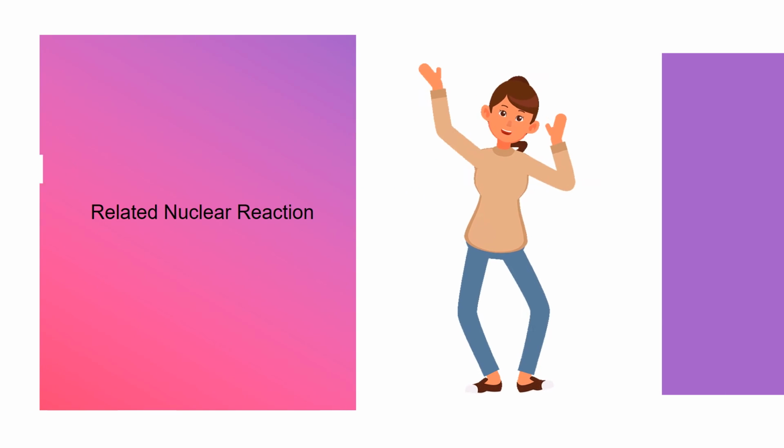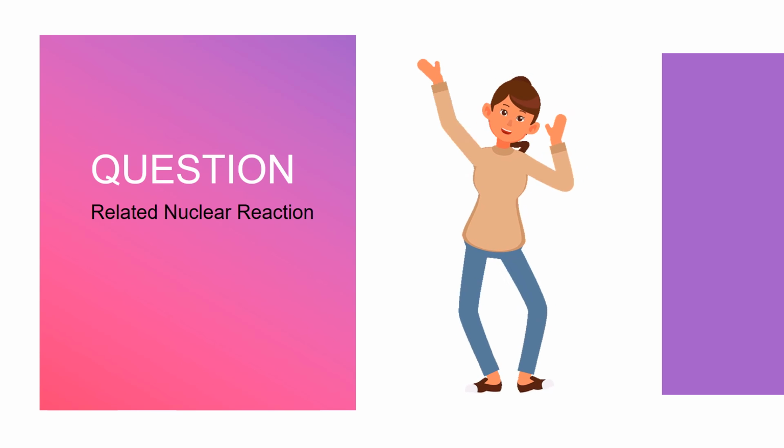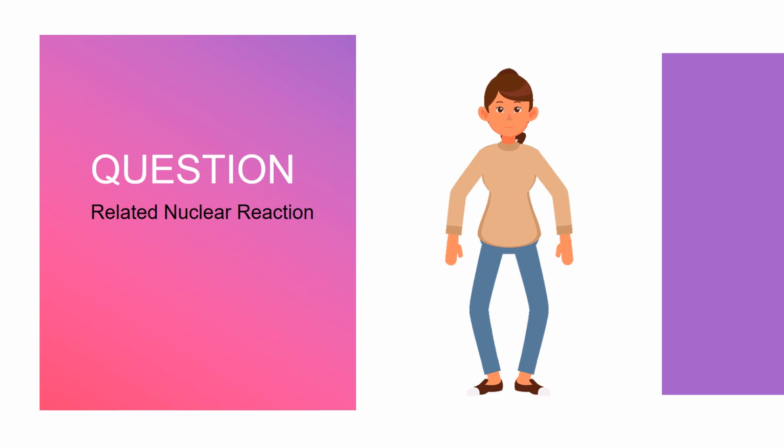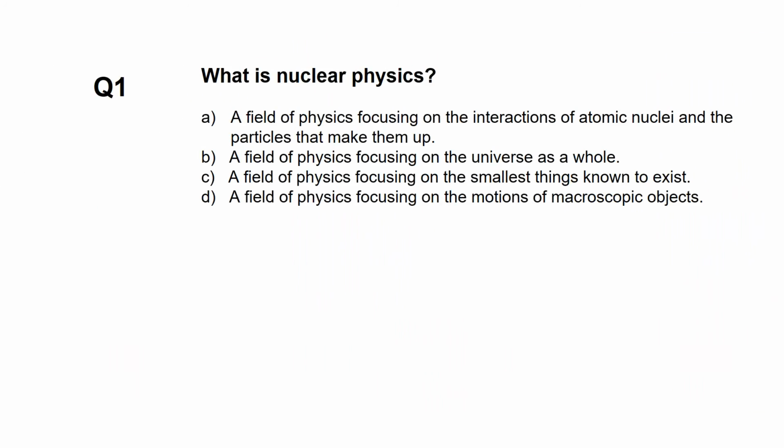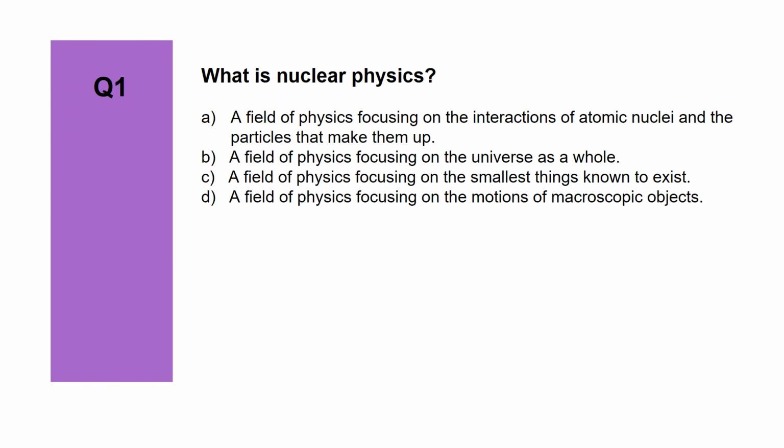So now, let's proceed to the questions related to nuclear reactions. Question 1. What is nuclear physics? A. A field of physics focusing on the interaction of atomic nuclei and the particles that make them up. B. A field of physics focusing on the universe as a whole.